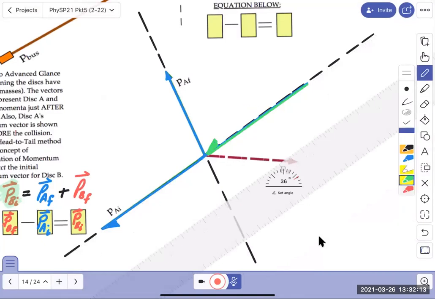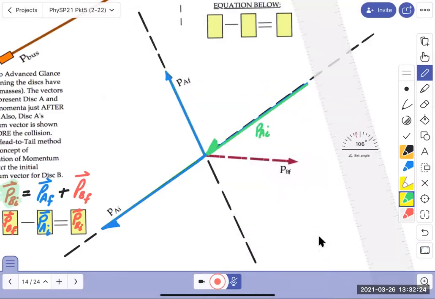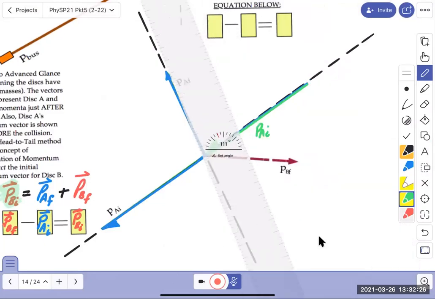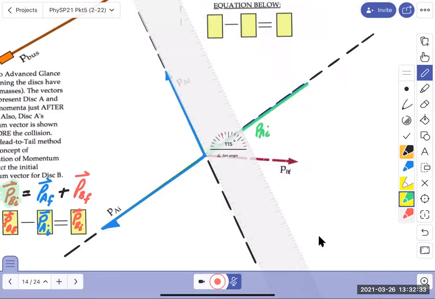Okay. And then I'm going to draw the ghost of PAF, but I have to be careful that it emanates head to tail. So I don't want to put it up here. That'd be tail to tail. So I take it and I'm going to move it right to there. So it's coming from the head of PB final.